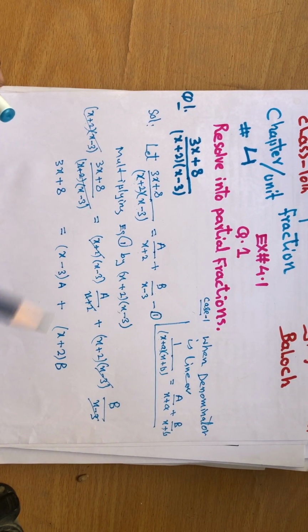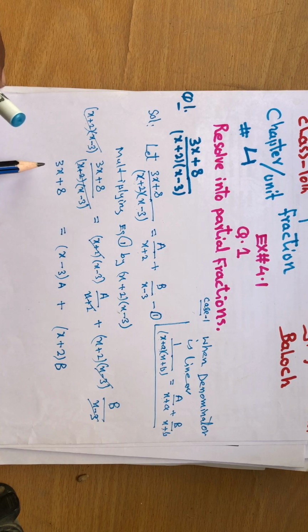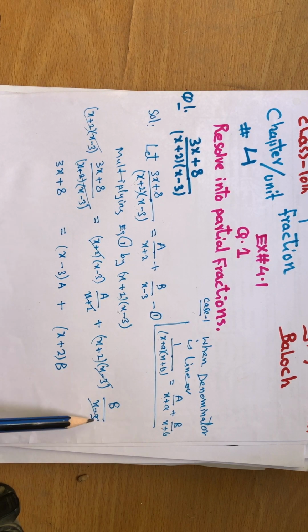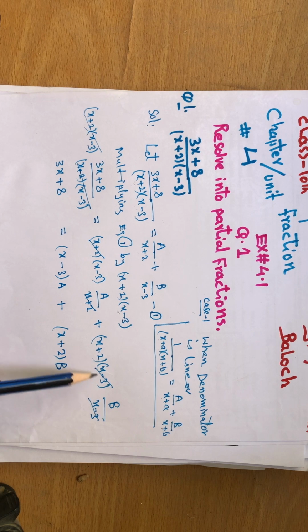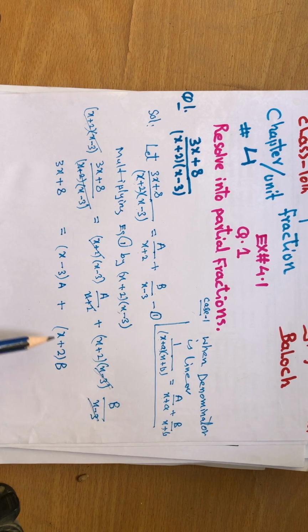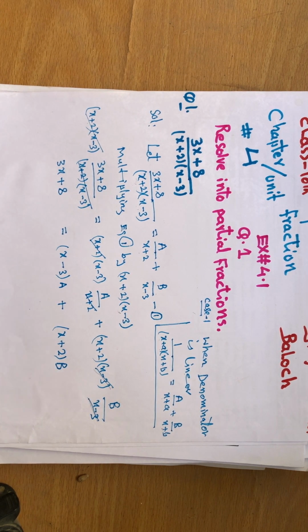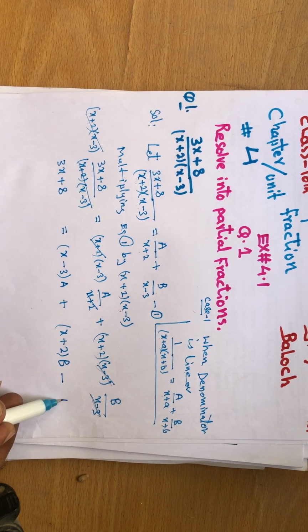Third step: whatever is left we write. Left-hand side, only 3x + 8 is left. Right-hand side, with A, (x - 3) is left because (x + 2) got cancelled, and with B, (x + 2) is left because (x - 3) got cancelled. This will be our equation number 2.